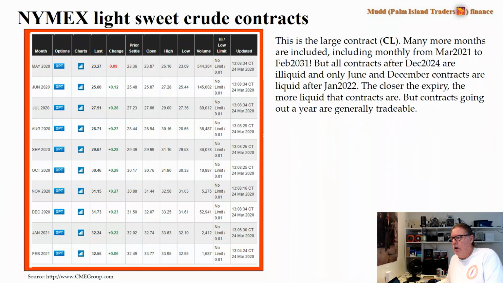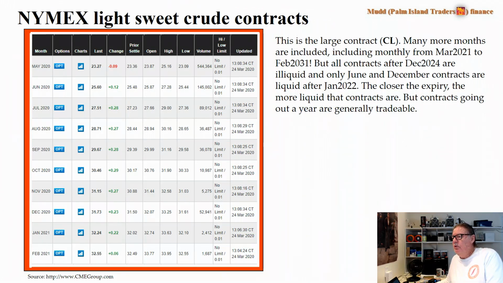This is the large contract. More months are included than are shown here, including monthly from March 2021 to February 2031. There's a contract for every month going out that far, but all contracts after December 2024 are illiquid right now, and illiquid always when they're that far out.